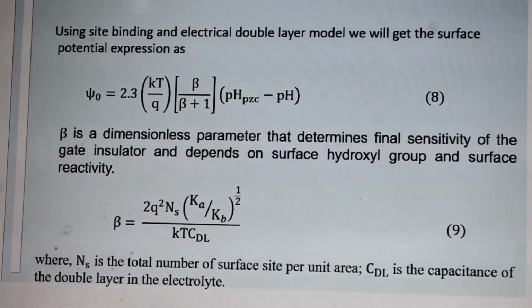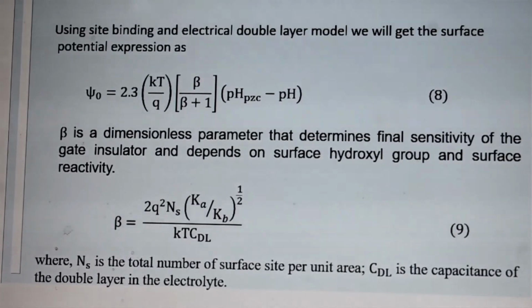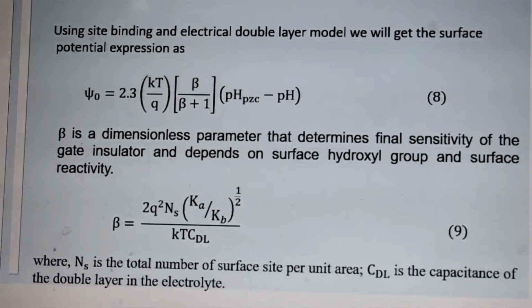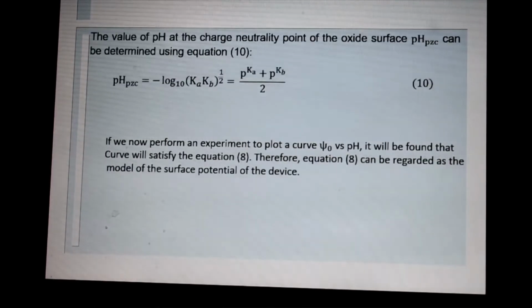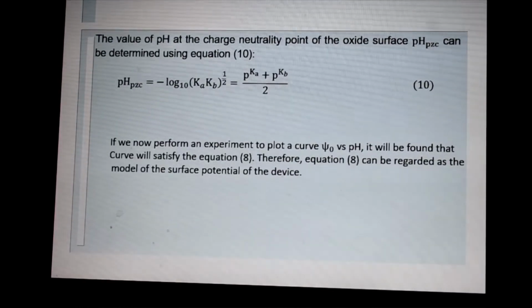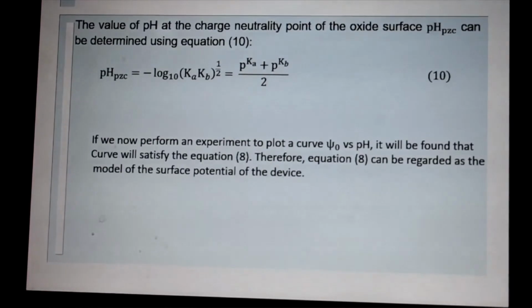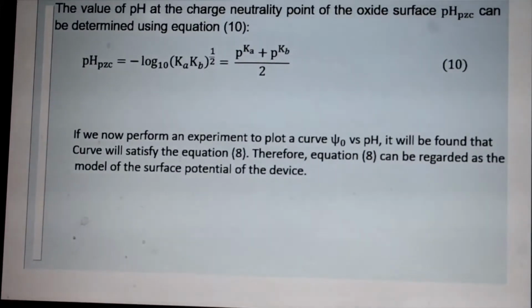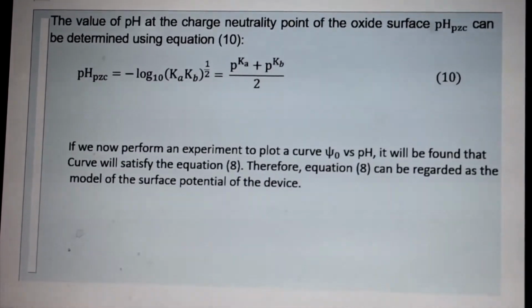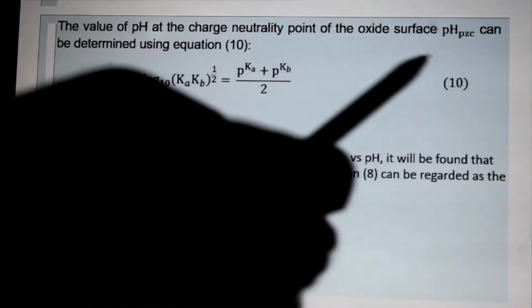CDL is the capacitance of the double layer in the electrolyte solution. And the value of pH at the surface charge neutrality point of the oxide surface, denoted by PZC, can be determined using equation 10.